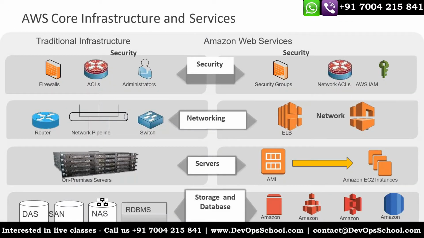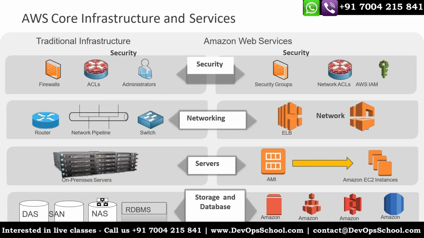Now, this is a very useful slide and you should focus on it. Those who are not using AWS and are using traditional infrastructure will say, hey, I need on-prem servers. In AWS, we call it an Amazon EC2 instance.